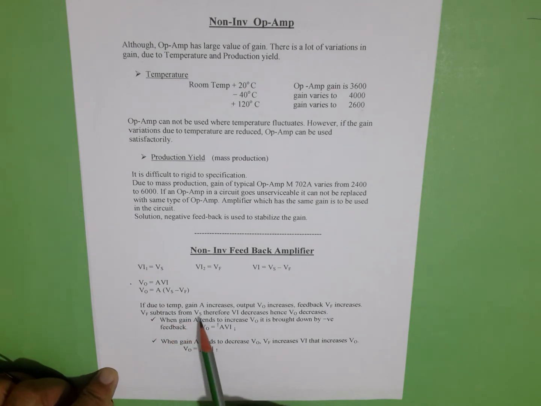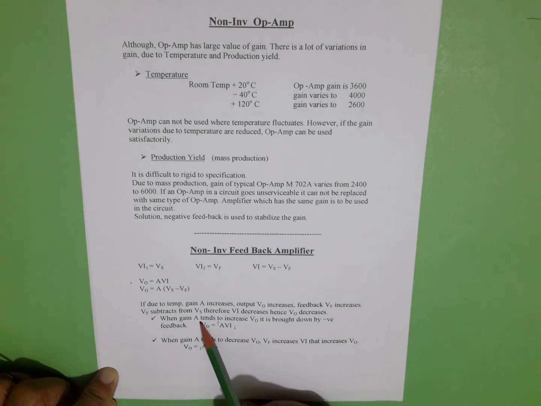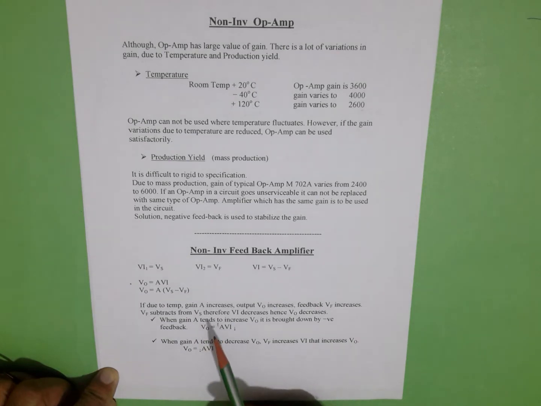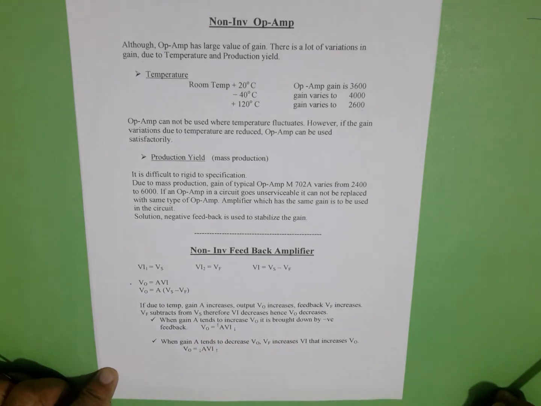Vf subtracts from Vs, therefore V input decreases, hence V0 decreases. Gain A tends to increase V0, but feedback is increased and it subtracts from the signal voltage, and V input decreases, and hence V0 comes to its original value.